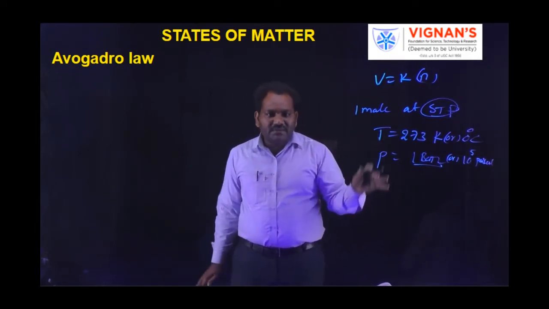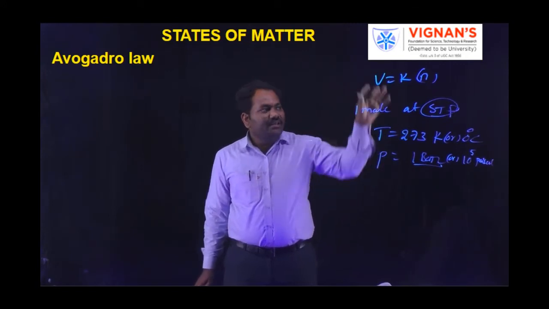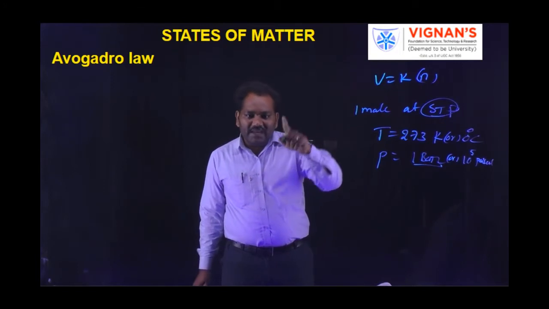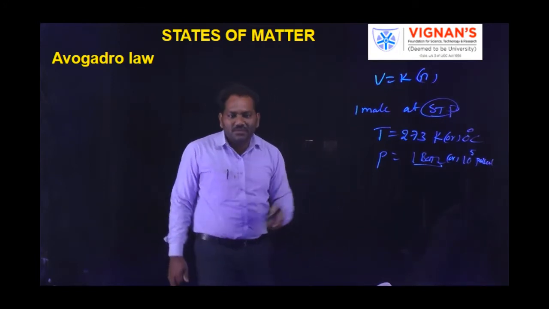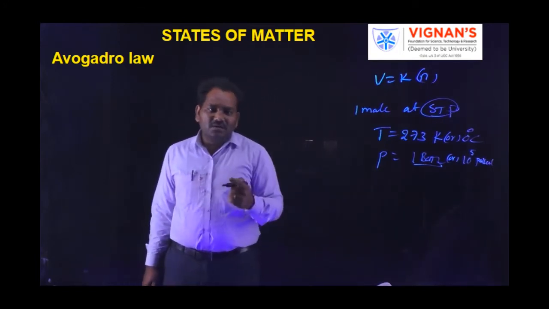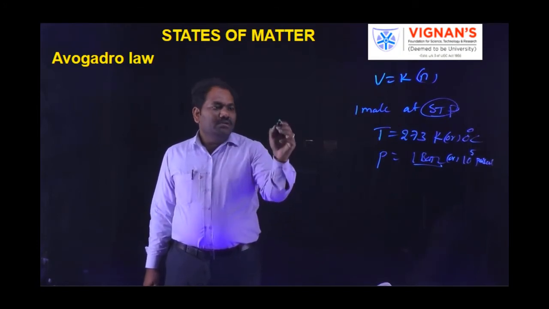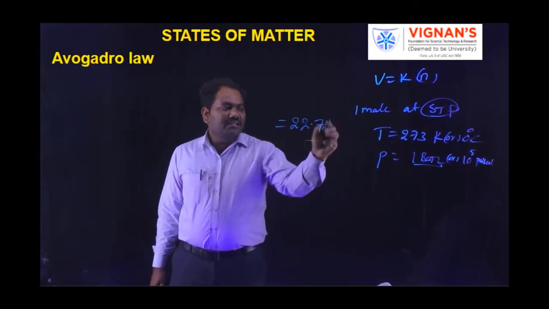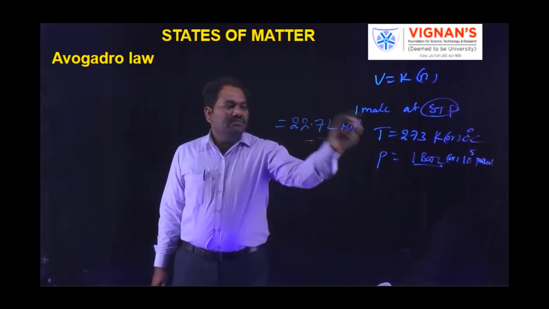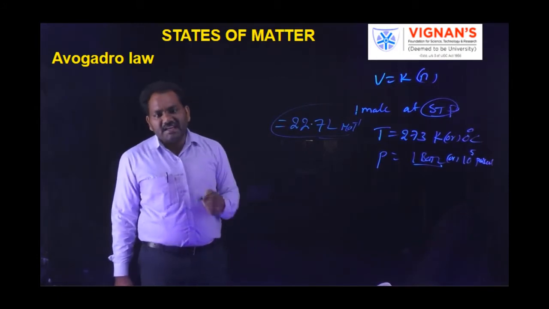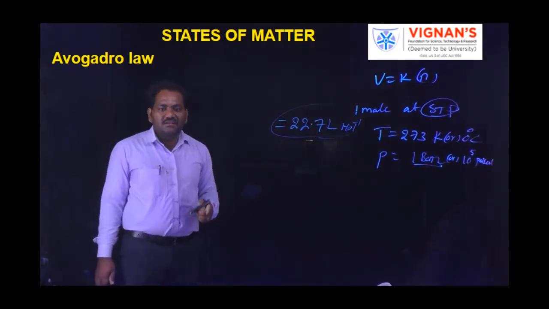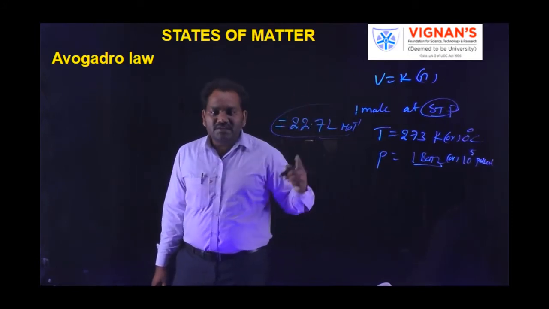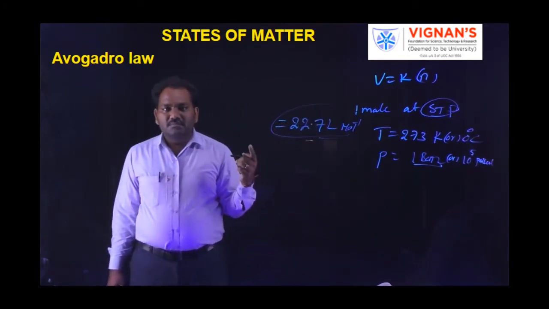At this state of temperature and pressure, any 1 mole of gas occupies 22.7 liters per mole. Any gas with 1 mole of substance occupies 22.7 liters per mole.